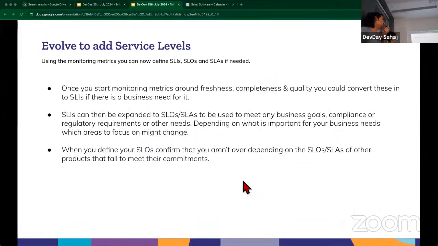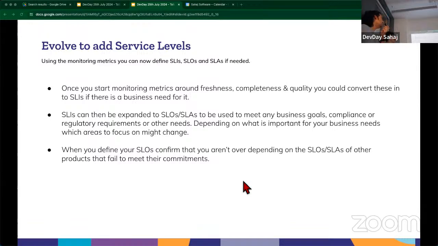The other thing you could do by having monitoring and alerting over time is evolve your data product to have some sort of service levels. This may again depend on your business needs. If you don't have monitoring, you cannot have any sort of service level agreements, or you may have them, but you don't know if you're actually meeting them.